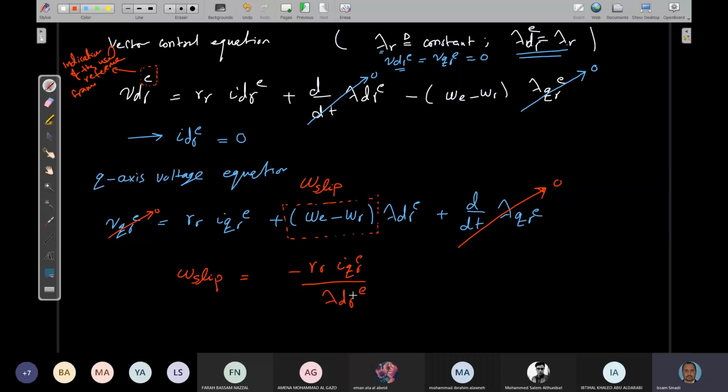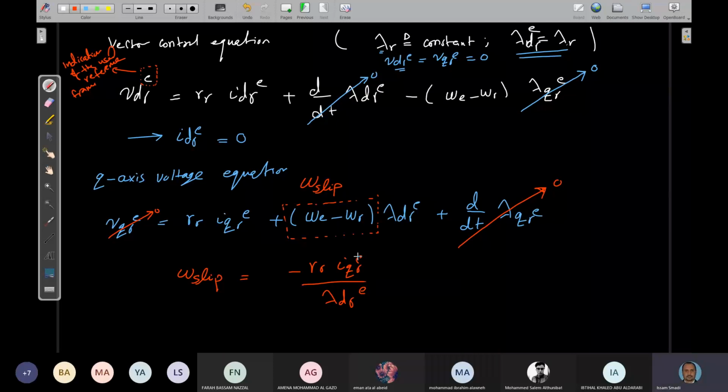Now, what else do I need in order to continue? I need to find the slip speed in terms of something that I can calculate. Remember, in general, the rotor current or the quantity in the rotor is hard to be measured or impossible to be measured.